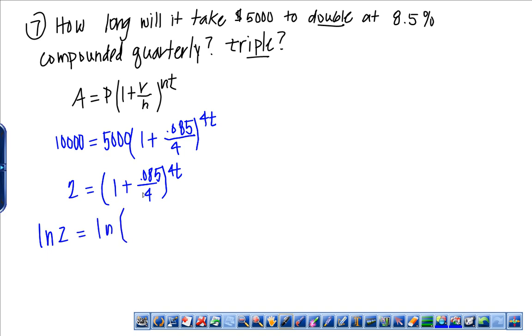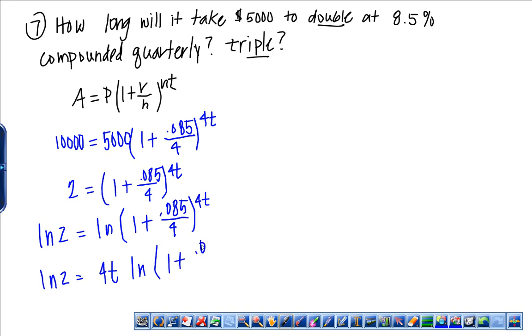You could go ahead and put this in your calculator, but since you're doing this by hand, you're showing me all your work here. This is raised to the 4t. Remember, your exponents come down as whole numbers, so this would be natural log of 2. This would be 4t, natural log of this nasty decimal here.